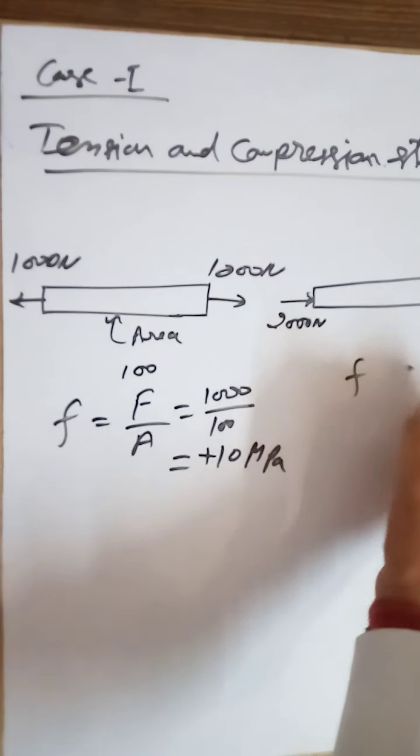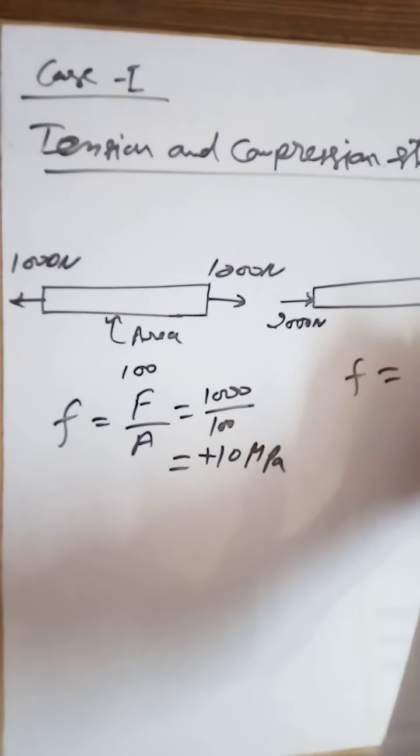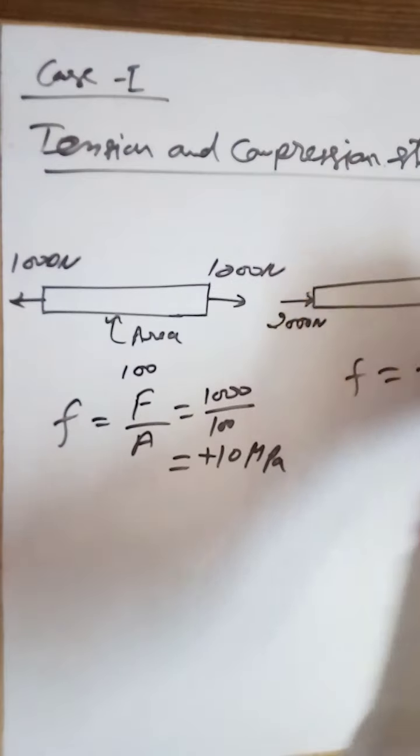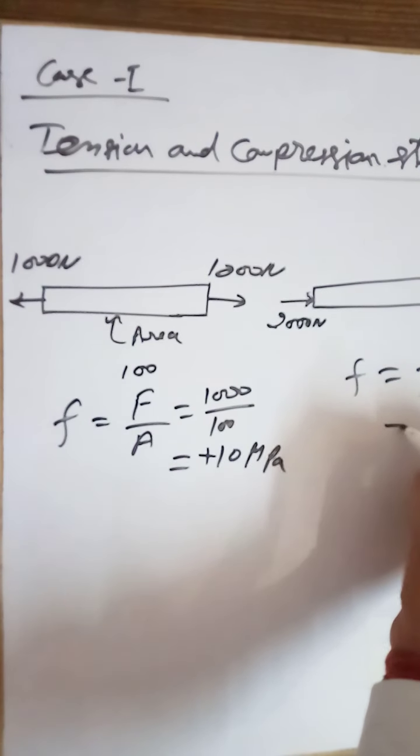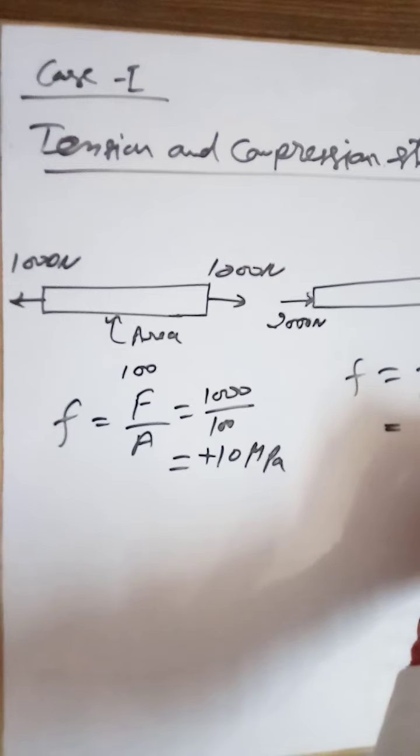For this particular case, similarly, we can find the value as F upon A. Because it is a compressive stress, we need to take the sign minus. So it's 2000 upon 100 again. Finally we get minus 20 megapascal.